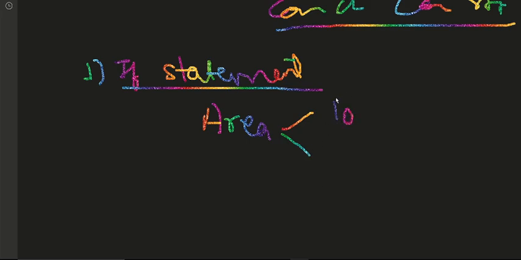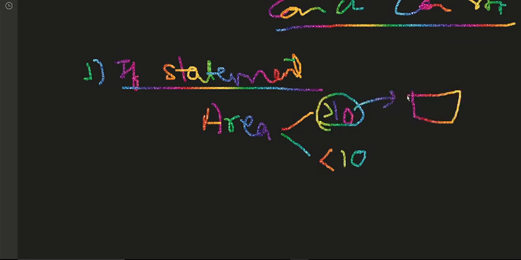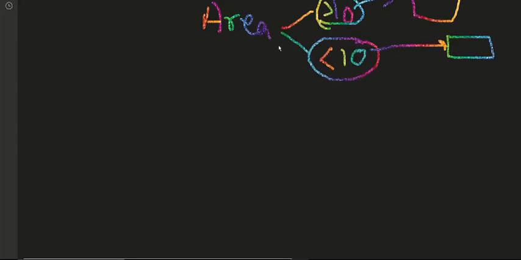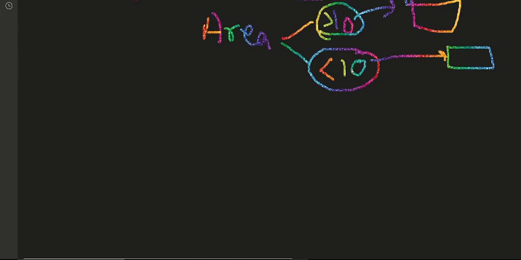Suppose I am assuming this condition. When the area comes greater than 10, then you have to print that. And when the area comes less than 10, then you don't have to print the output. It is just calculated and discarded when the program stops. It is not displayed on the screen.